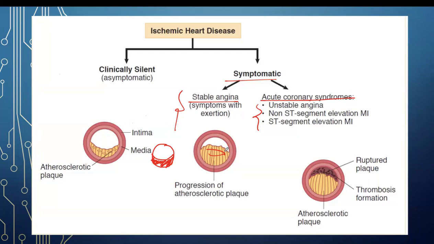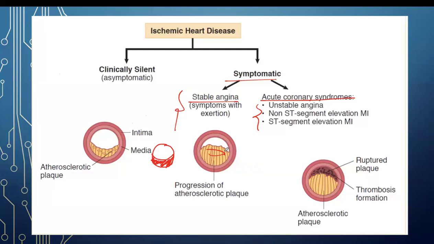In stable angina, the pain will also be left-sided chest pain with all the characteristics, but the pain will be mainly with exertion. When they take rest, the pain should get better. Pain should not last more than 15 minutes, and it should get better with glyceryl trinitrate spray or nitroglycerin. So that's stable angina, okay? Symptoms are always with exertion.